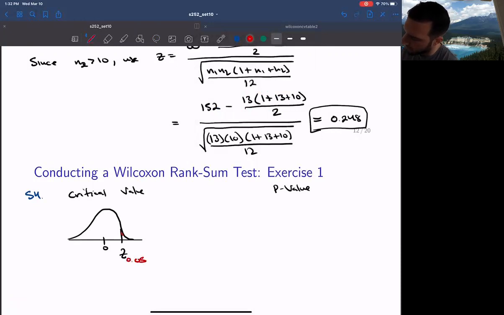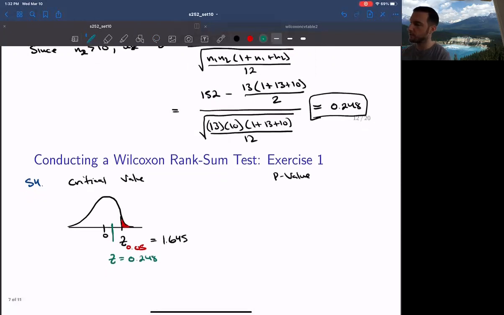So that means that we have a size of 0.05 in the upper tail. The critical value that makes this true is 1.645. So we can see that our test statistic here is z equal to 0.248. So the critical value approach is going to give us no evidence to suggest a difference.